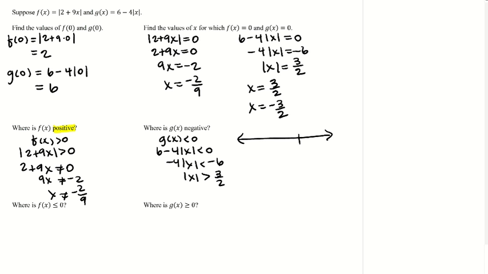At this point, I think, where is the absolute value greater than 3/2? When am I farther away from 0 on the number line than 1.5? So it's out here and out here. So what I'm going to get is that x needs to be greater than 1.5, or x needs to be more negative than negative 1.5.